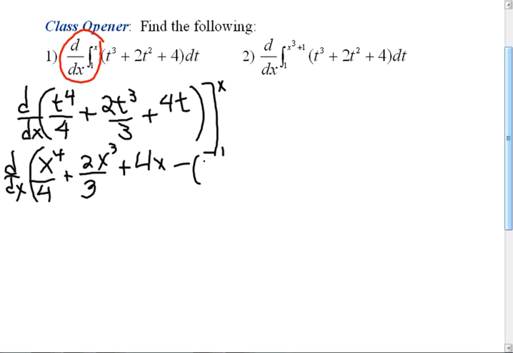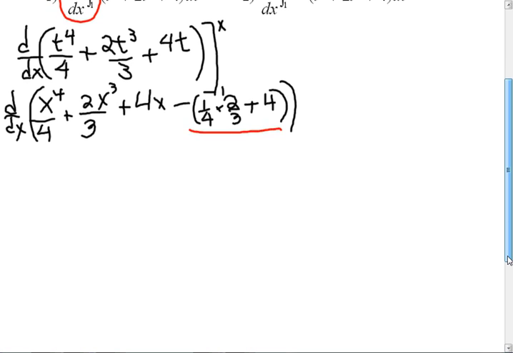It's 1/4 plus 2/3. Actually, I don't care if I get it right. You'll see why in a second. Plus 4. And what happens when I take the derivative of this number here at the end? Because remember, now I anti-differentiated, now I'm going to take the derivative again. What happens to the derivative of that thing? It's 0, so I really don't care if I did do it right, actually.